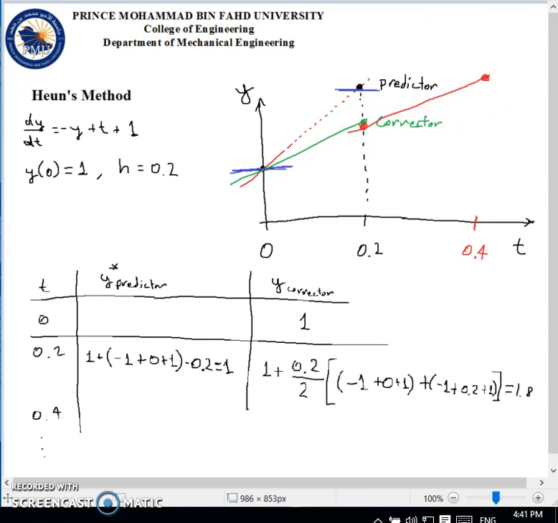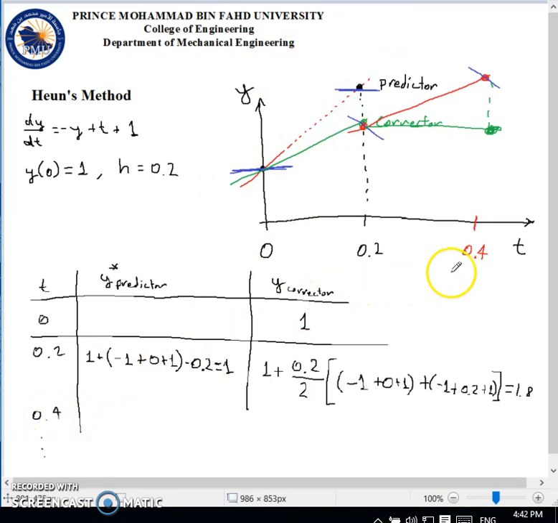At the predictor, we're going to ask again the ODE function for the slope. Let's say this is the slope at 0.4. We'll bring it to the corrector, find the average slope, and from the average slope, find the new corrector over here. So let's calculate this.